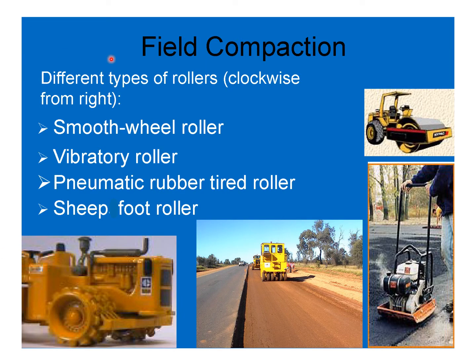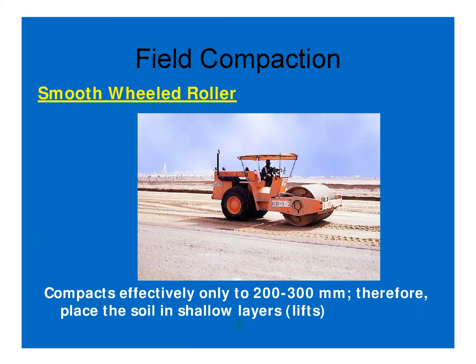Field compaction. Different types of rollers can be used: smooth drum rollers, vibratory rollers, pneumatic rubber tired rollers, and sheep foot rollers. Here you can see the smooth drum roller compacts effectively only to 200 to 300 millimeters, therefore place the soil in shallow layers or lifts.